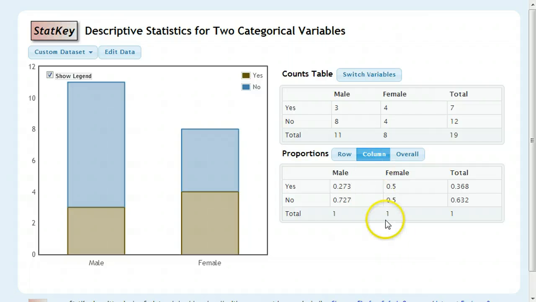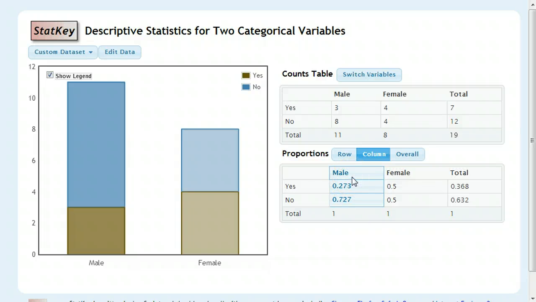Go to column, you're going to see the same thing, except this time it breaks it down the other way. It says of the females, what fraction have a car? 50%. Of the females, what fraction do not have a car? 50%. Of the males, what fraction have a car? 27%.